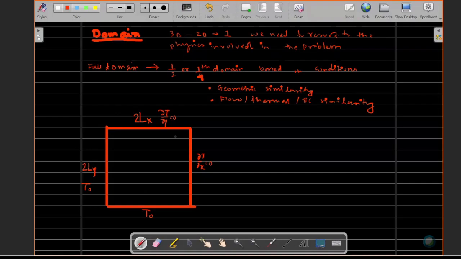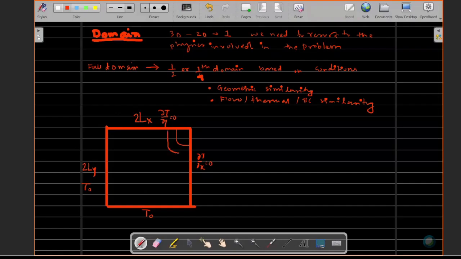So in this case, these are not similar boundary conditions. Because if you see the flow of heat, that is represented by the temperature contours. By considering the physics of the problem, the contours would look like this.